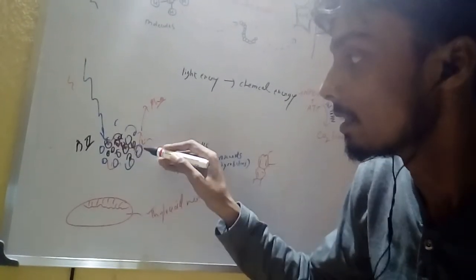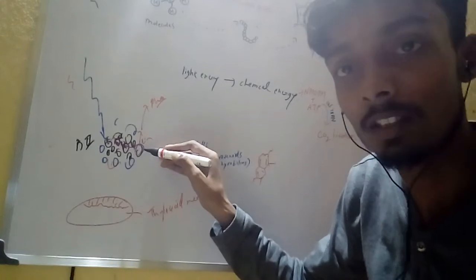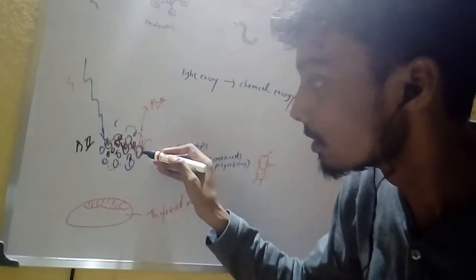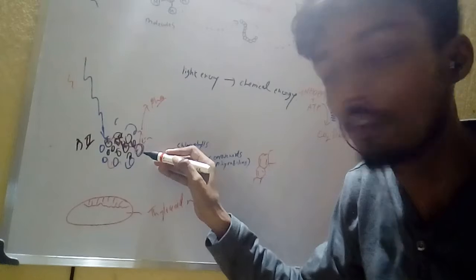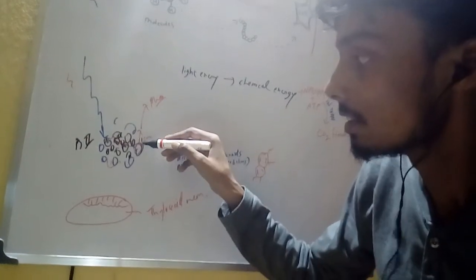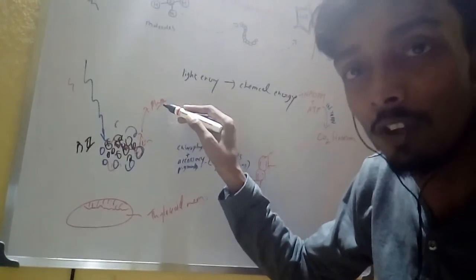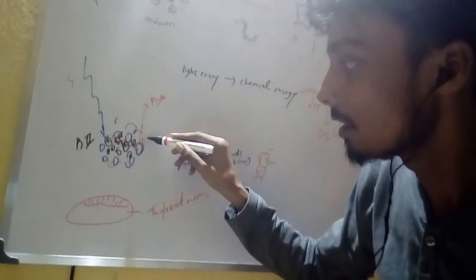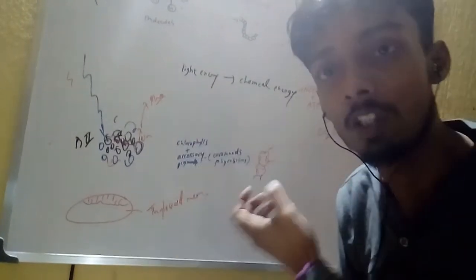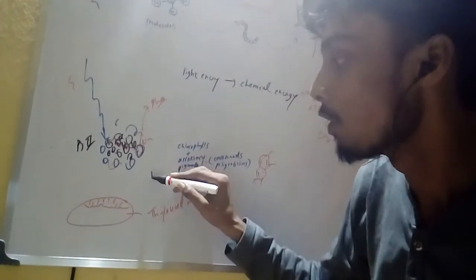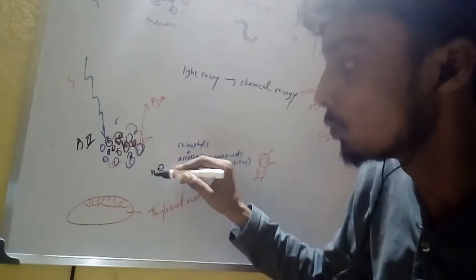and here they excited the electron of these pigments, I mean chlorophyll, and the energy of this chlorophyll molecule is given to the pheophytin, and the gap which is present here is filled by the photolysis of H2O.